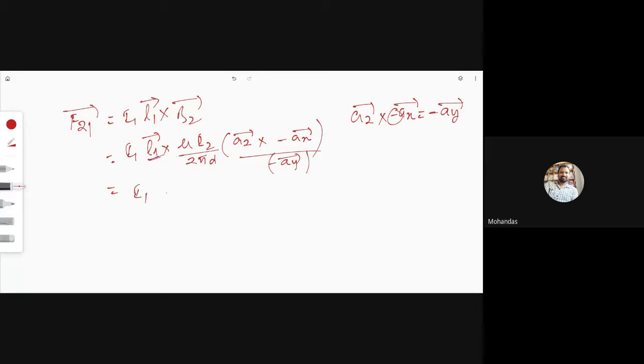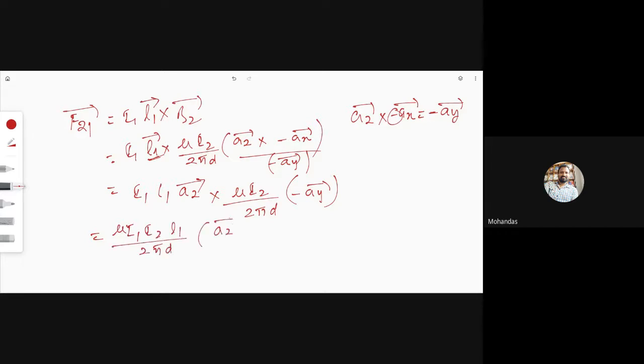Here L1 also has to be written. L1 vector equals L1 into, what is the direction of the current? AZ. Good. Mu into I2 by 2 pi D, minus AY, which implies finally mu into I1 I2 L1 by 2 pi D, AZ cross AY.